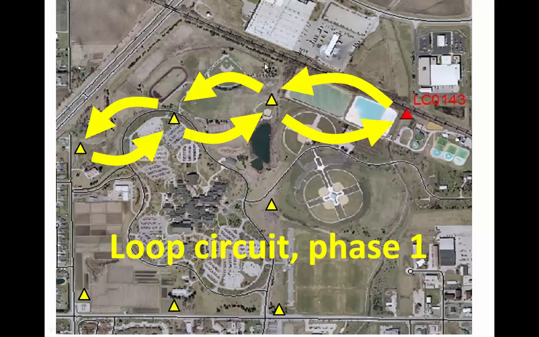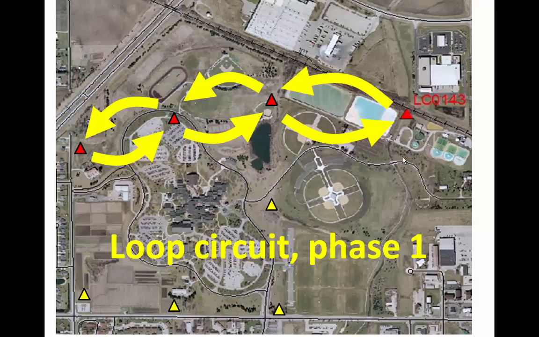Once we determined that closure was good here, acceptable within the limits of third order accuracy, then we computed those elevations and adjusted them. So the adjusted elevations, now denoted in red, became the basis for the next phase.